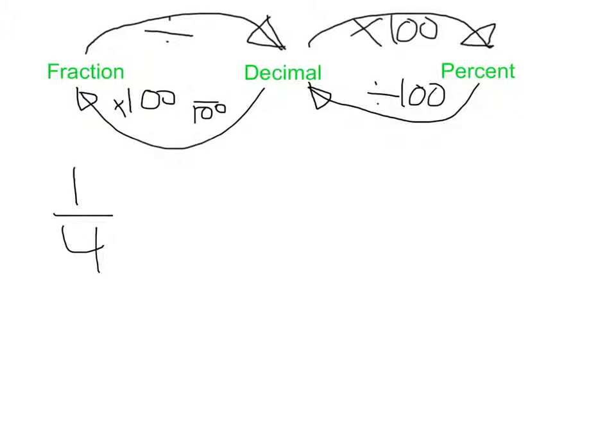For our example, we will use 1/4. Since we have to divide our numerator by our denominator, we will divide 1 by 4. 4 goes into 1 0 times.